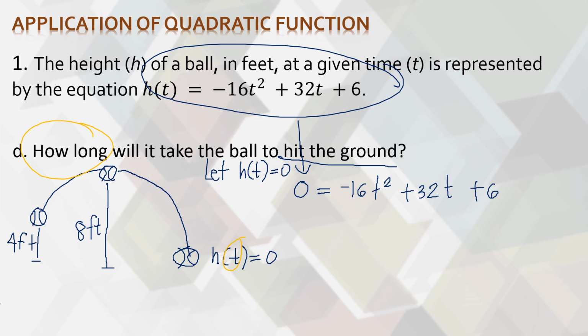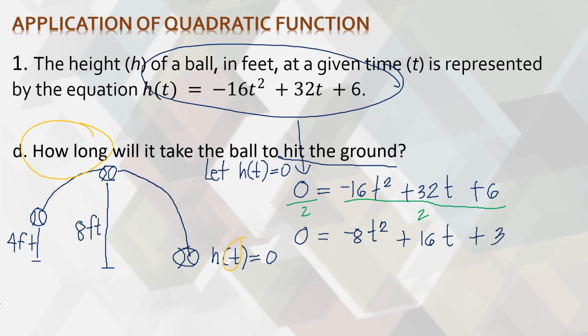You may also choose to get the lowest term, palitin ng equation. So lahat sila divisible by 2, but anyway, 0 divided by 2 is 0. So wala siyang epekto. So 0 is equal to negative 16 divided by 2 is negative 8, negative 8t squared, plus 32 divided by 2 is 16t, 6 divided by 2 is 3.